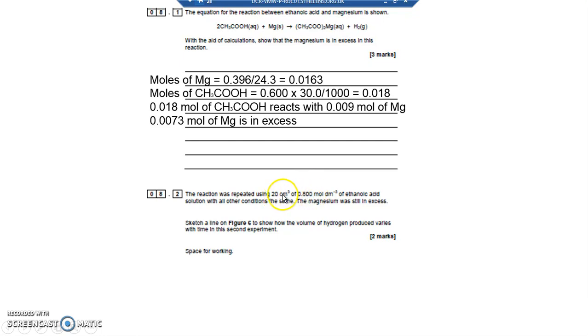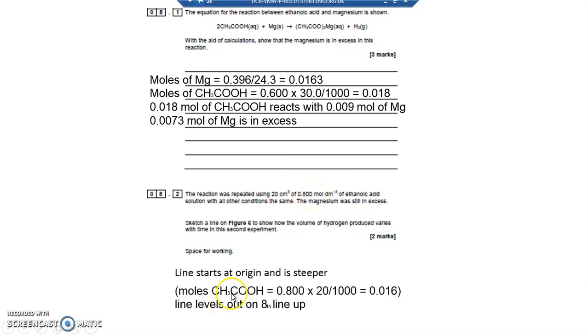The only reason they give me volume and concentration is if they wanted me to work out moles. 20 centimeter cubed, small units into a larger unit, a decimeter cubed that we need for this equation, divide by 1,000, so 0.02 multiplied by 0.8 is 0.016. I've got 0.016 moles of ethanoic acid this time. They must have wanted me to work that out, otherwise they wouldn't give me a volume and a concentration.